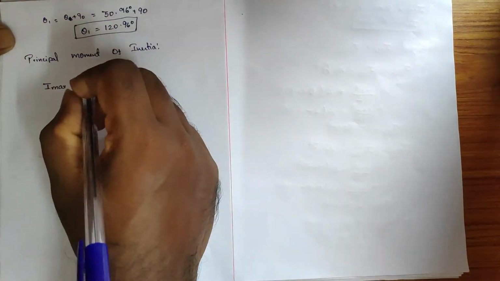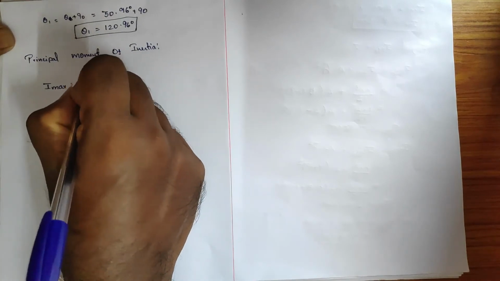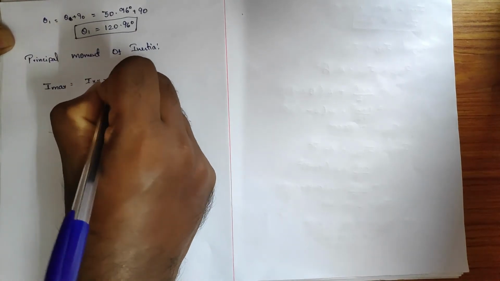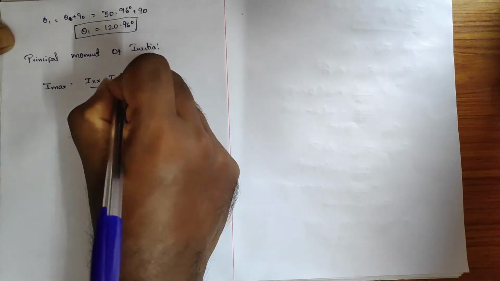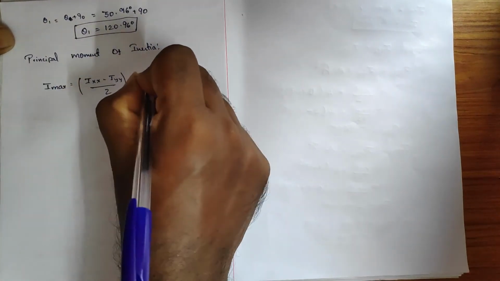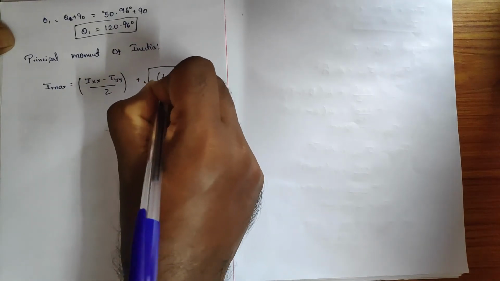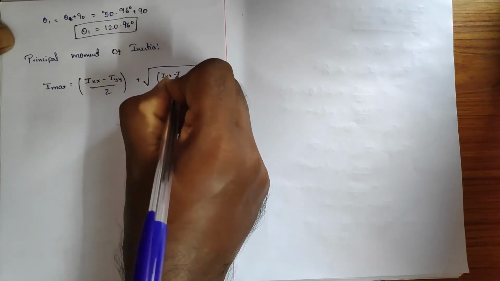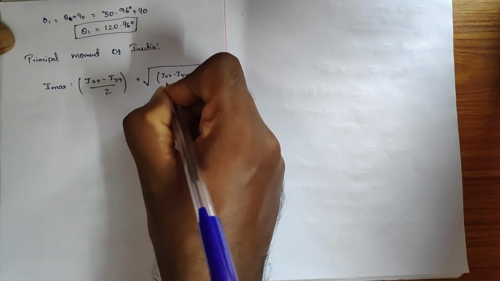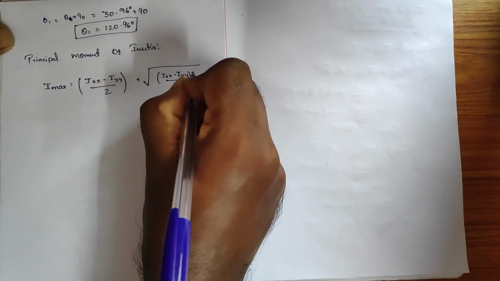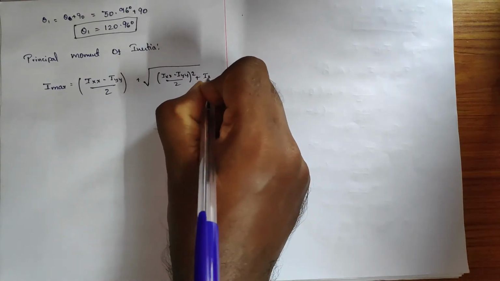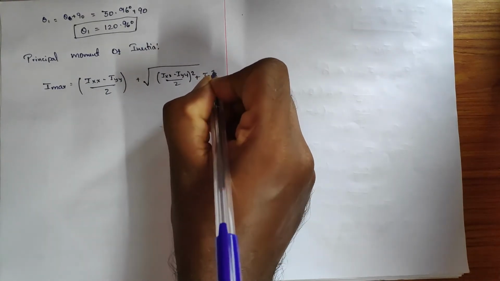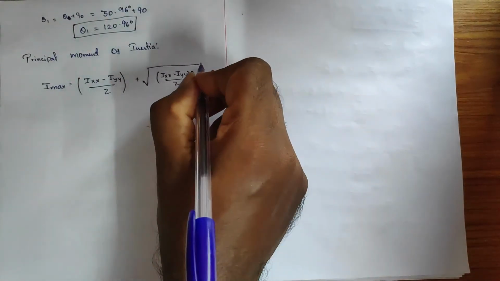The formula is Ixx minus Iyy divided by 2 plus root of Ixx minus Iyy divided by 2 the whole square plus Ixy the whole square. Okay, this is the formula we need to substitute.